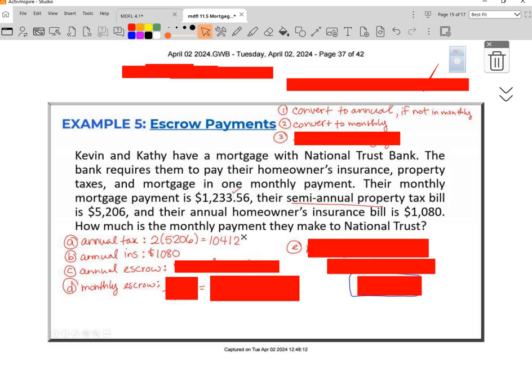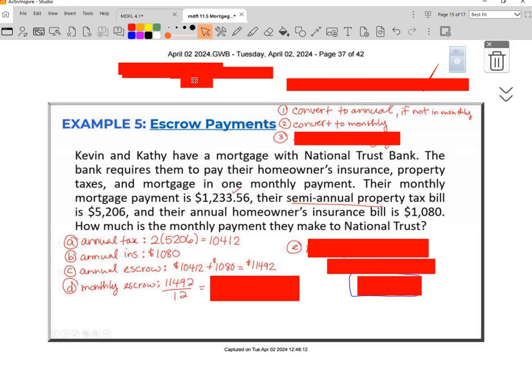We're going to get the total, so in the escrow account it's going to be this $10,412 plus the $1,080, and then we're going to convert that total escrow amount of $11,492 to what they have to pay per month. So the escrow amount for the year divided by 12 will give us the amount they owe for the escrow items every month.